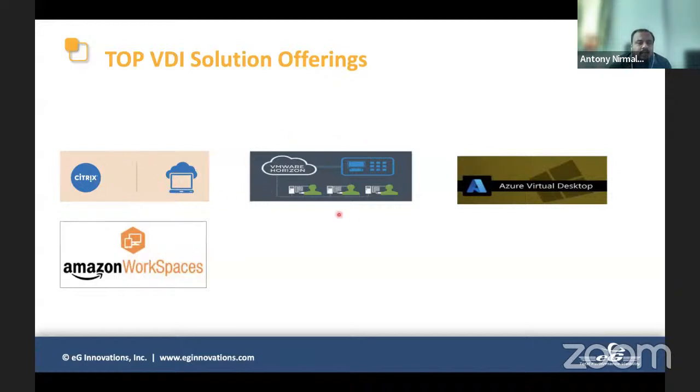The same is offered by VMware, which we call Horizon. Desktops are also offered from the cloud, by Amazon as well as Azure. In Azure, we call it AVD, which is Azure Virtual Desktop. The same from Amazon is Amazon WorkSpaces. So these are the top VDA offerings.